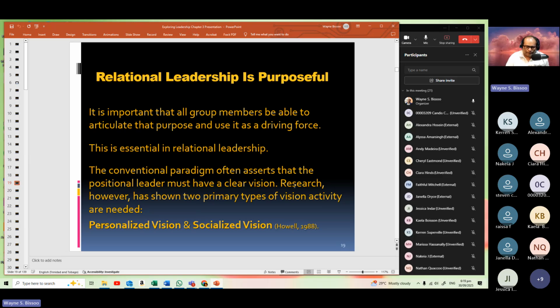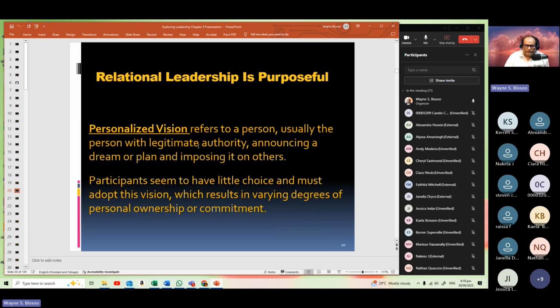Now, we talked about the two types of vision or purpose of an organization: personalized vision versus socialized vision. So, a personalized vision refers to a person, usually within the organization with the legitimate authority, whose dream is driving the organization. That means that the organization runs on this person's vision and objectives.